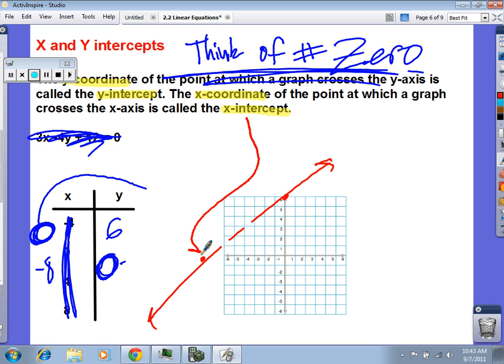This one. It's where your line intercepts the x-axis. Your x-axis is right here, the horizontal. So where this x-axis intercepts your graph, that's called the x-intercept. And it always happens at a 0, right here.